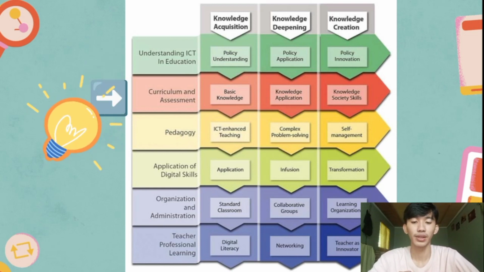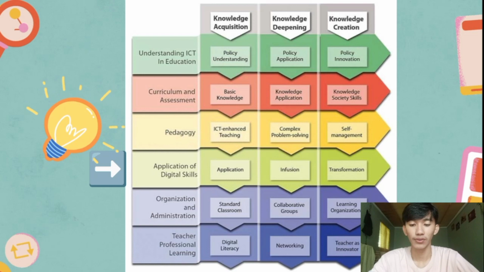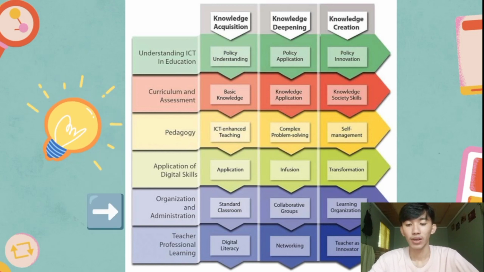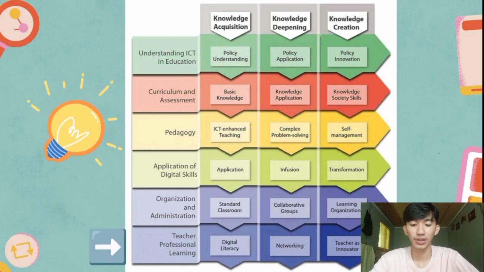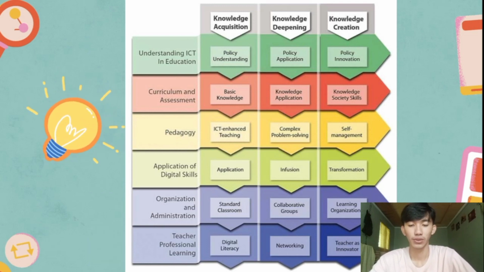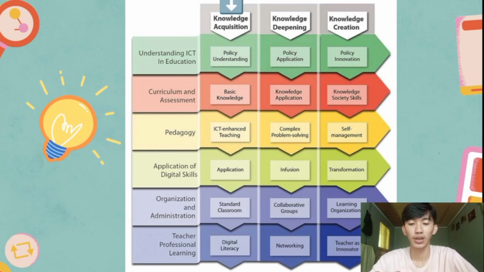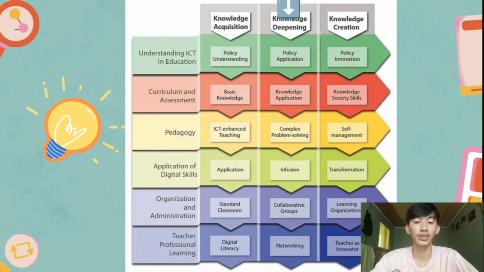Second is curriculum and assessment. Third one is pedagogy. Fourth is application of digital skills, then organization and administration. Next is teacher professional learning. So the 3 levels are knowledge acquisition, knowledge deepening, and knowledge creation.